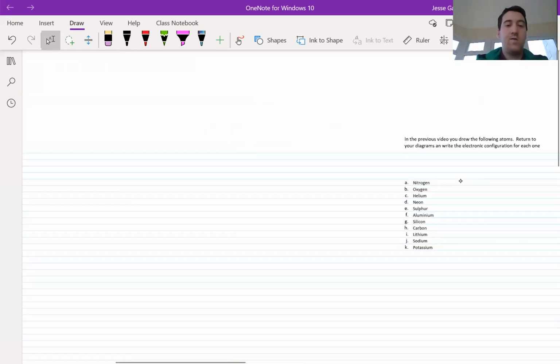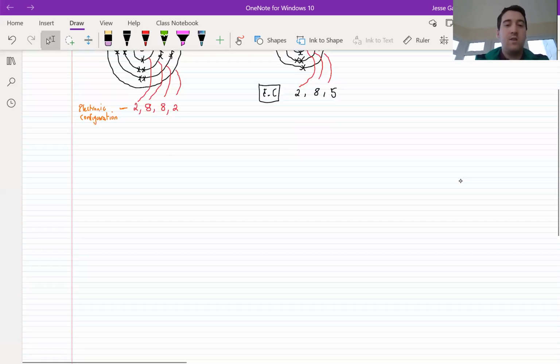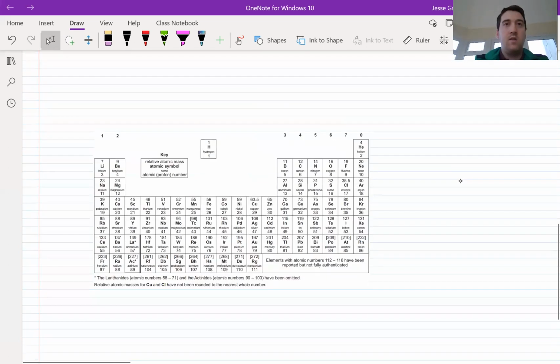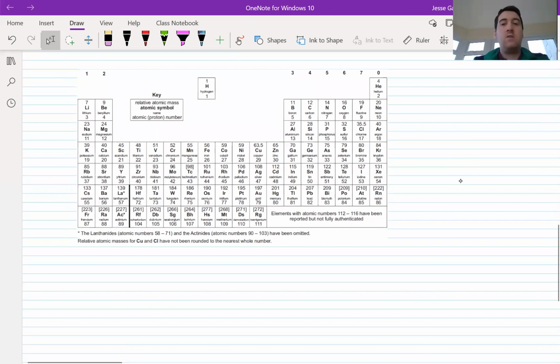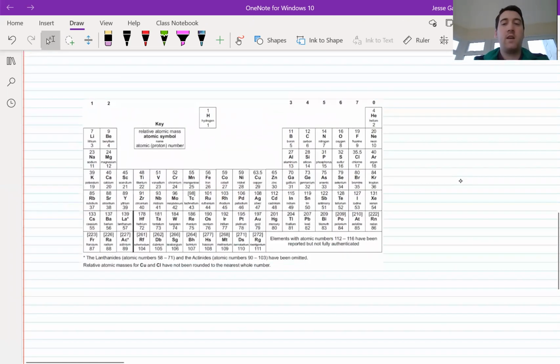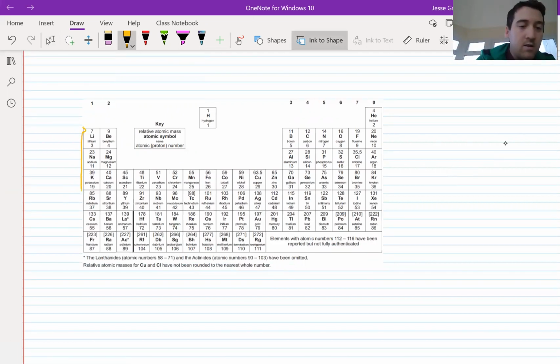Now, this here is the periodic table. How does electronic configuration link to the periodic table? I'm going to highlight 3 elements here: lithium, sodium, and potassium. These 3 belong to the same column.